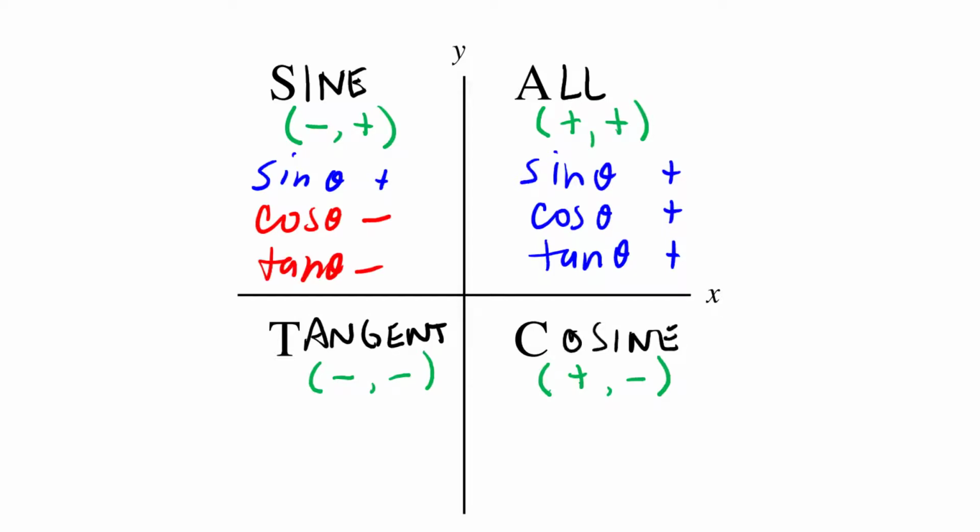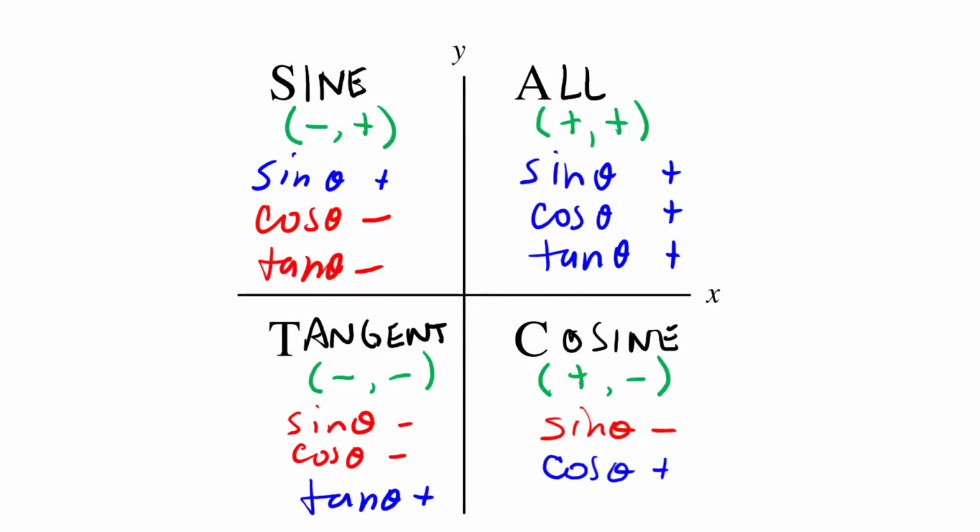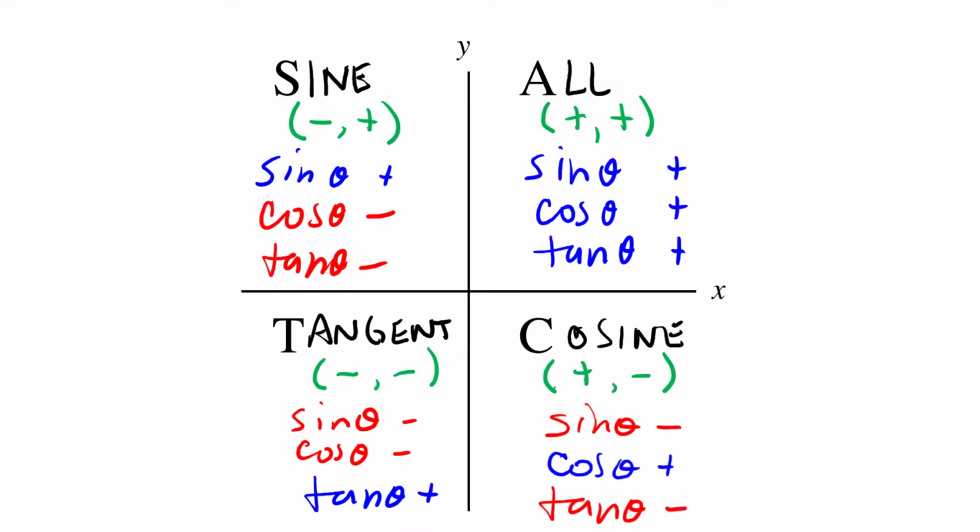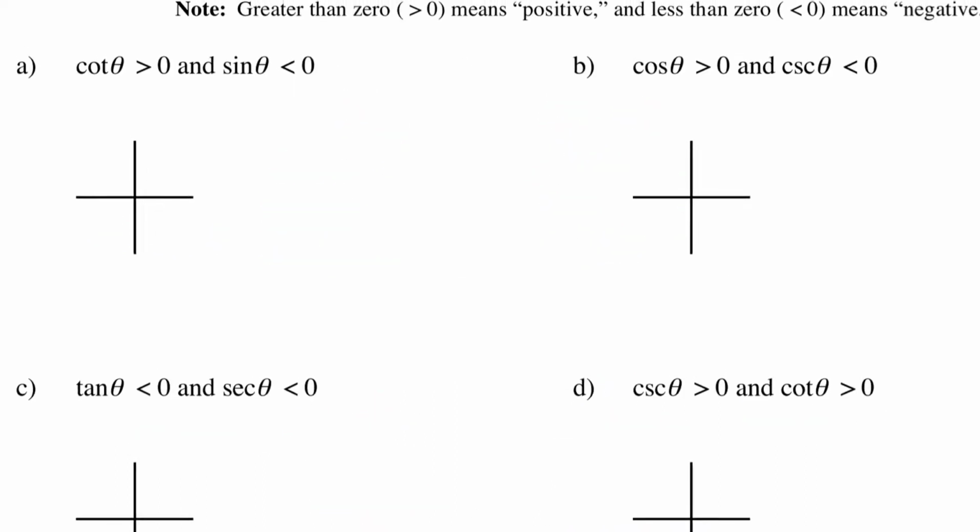But in quadrant 2, the sine is the only positive one and the others are negative, and the T means the tangent in quadrant 3 is the only one that's positive. In quadrant 4, only the cosine is positive. Notice in quadrant 2 that sine is positive, and that means its reciprocal, cosecant, is also positive. Likewise, in quadrant 3, tangent and its reciprocal cotangent are both positive. Likewise, in quadrant 4, cosine and its reciprocal secant are both positive.